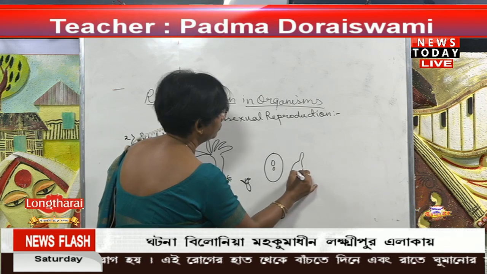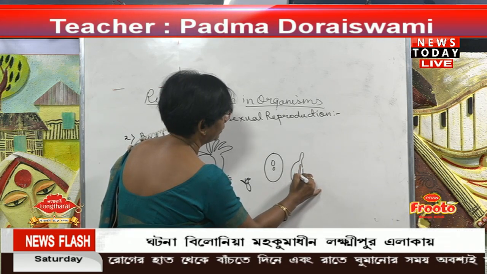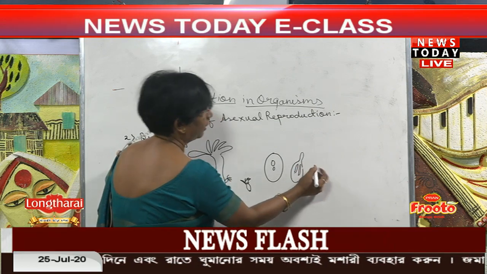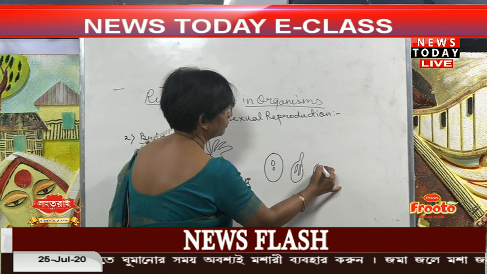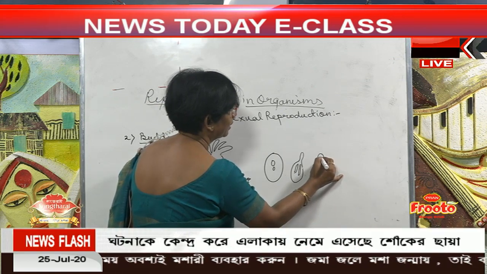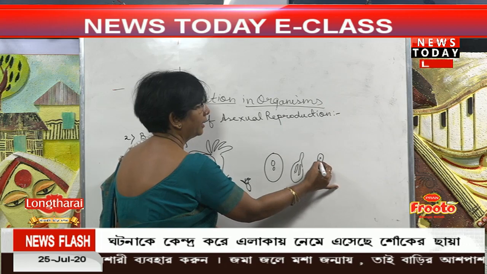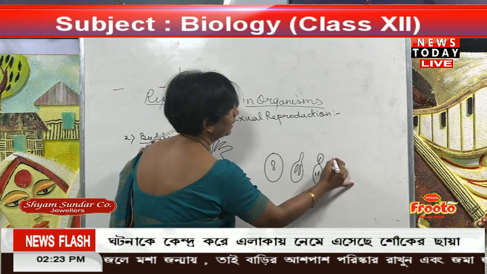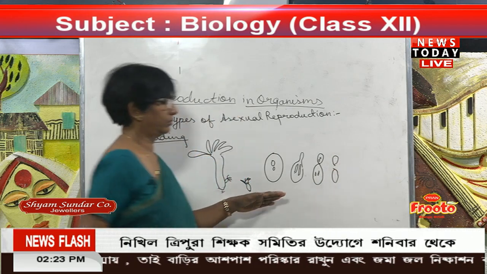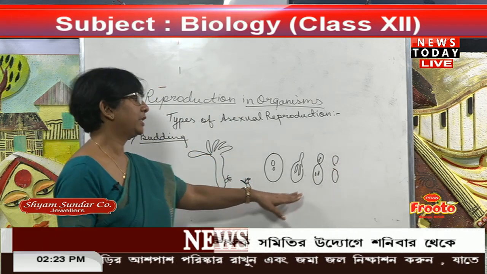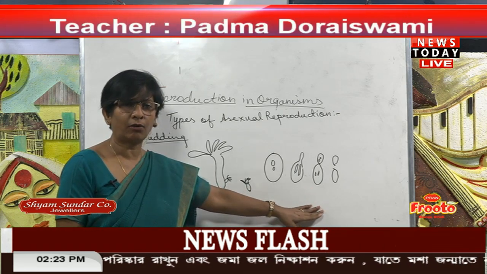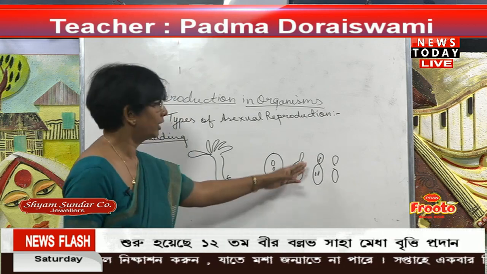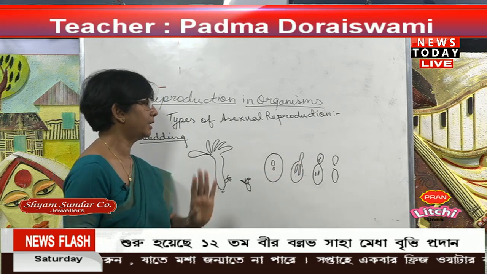The nucleus becomes long, and the vacuole also, and after that you will find one nucleus and vacuole here and another one here. Then two yeast babies are formed, divided into two. That is how the bud-like structure is formed.